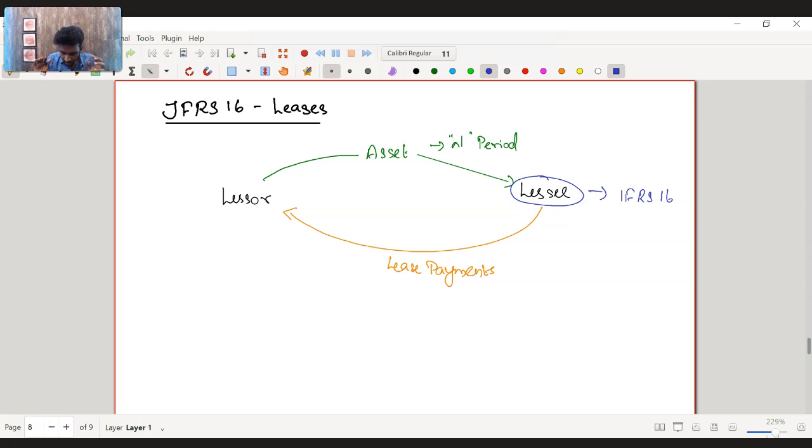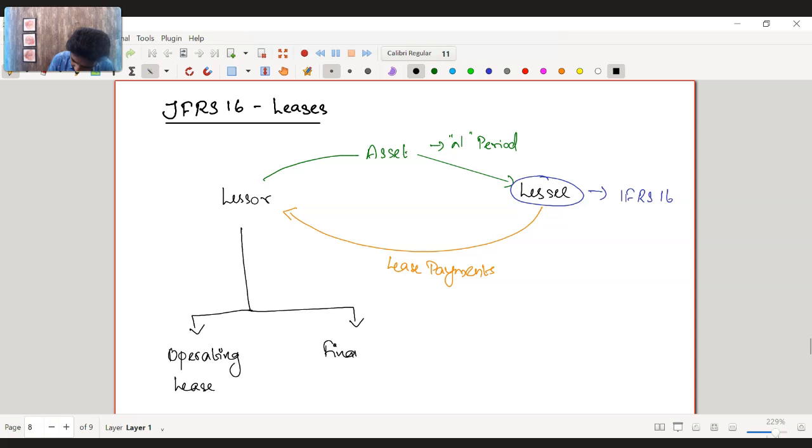But in this particular contract, the lessor has to recognize this contract into two categories: either an operating lease, or a finance lease.